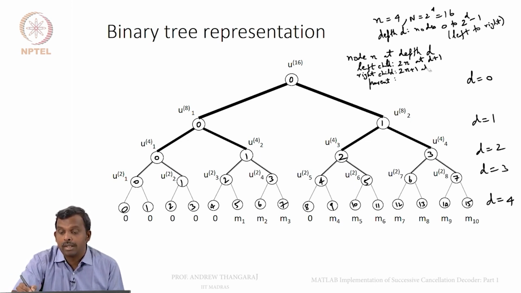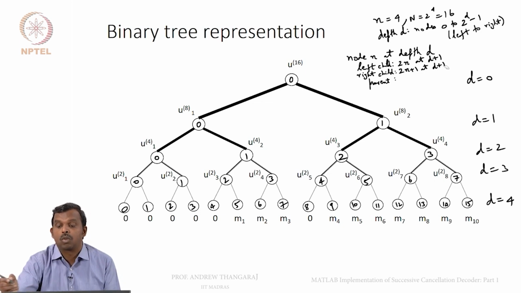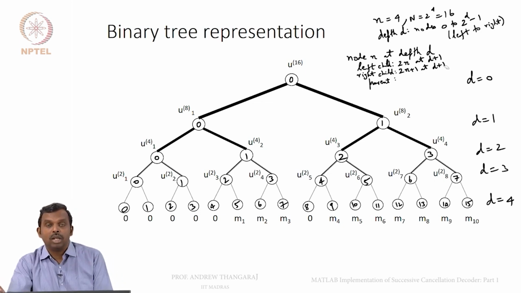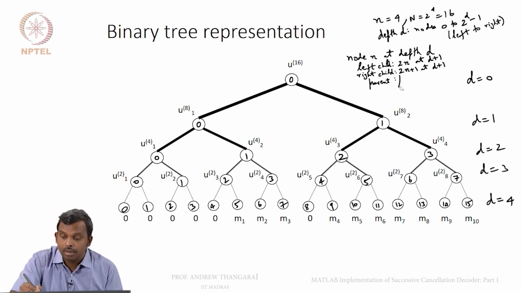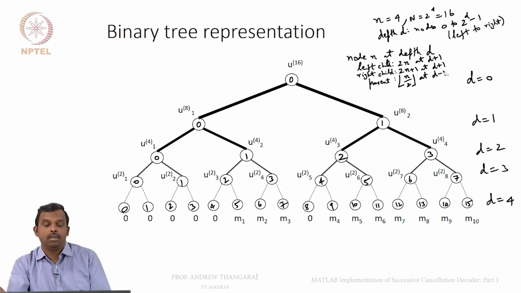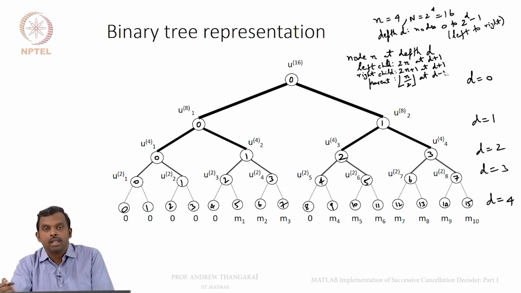It is 2n plus 1 at d plus 1. So left child is 2n, right child is 2n plus 1. The parent is floor of n by 2 at d minus 1. Floor means you divide and throw away the remainder. That's what happens if you want to go to the parent.